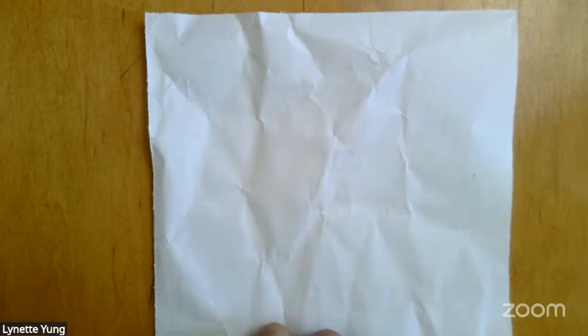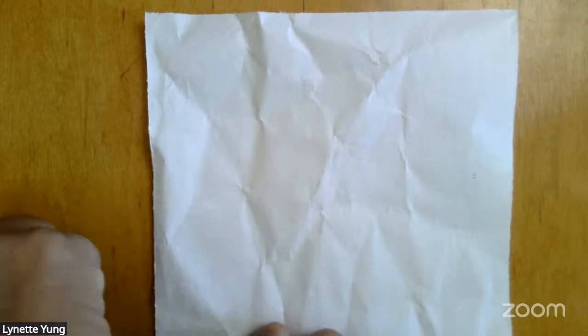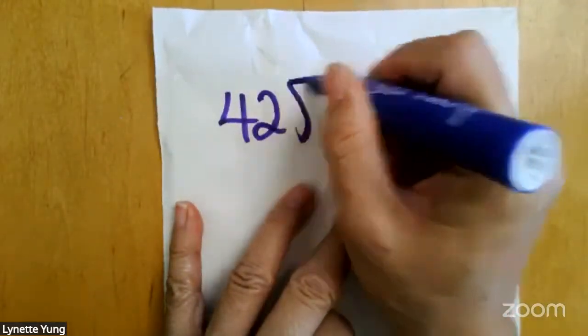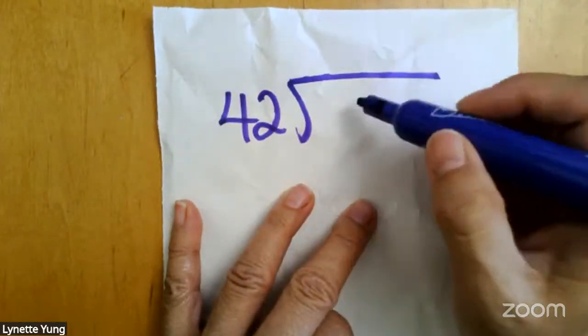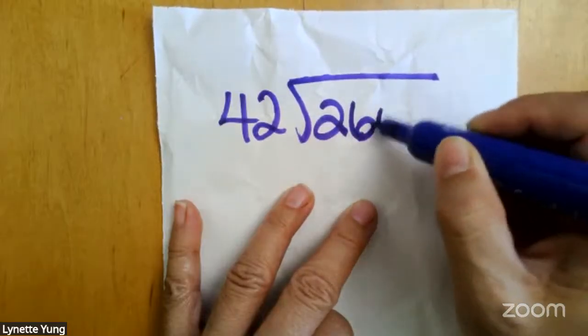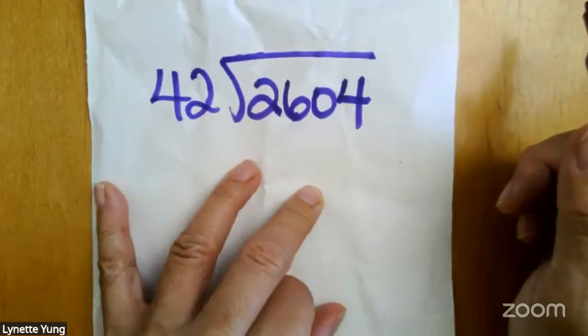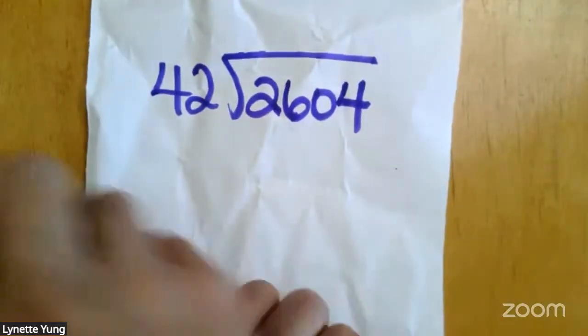I sent you that one message about 2604 divided by 42, and the answer was 62. I thought, that can't be right, because it just didn't look right when I did it, but it was.